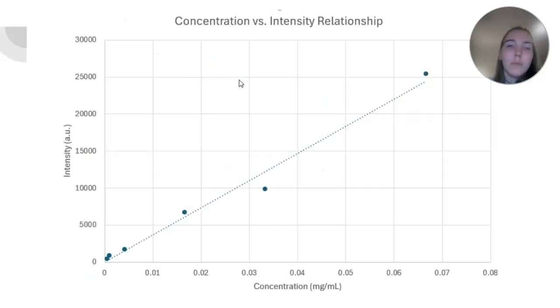So the relationship for all of the concentrations we tested does appear to fit a linear curve very well. And this would indicate that if we tested the spectrum of a concentration twice as high as our highest concentration, then we should be seeing approximately twice as high relative intensity of the spectrum.